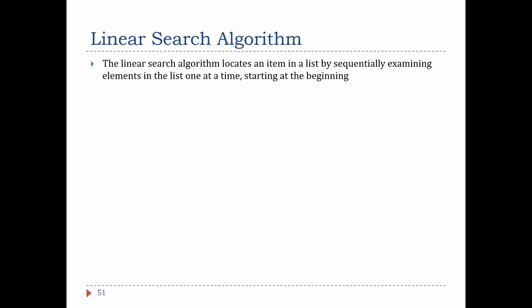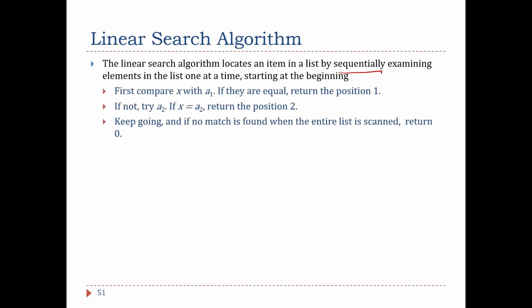So let's start with linear search. The linear search algorithm locates an item in the list by sequentially examining elements in the list one at a time, starting from the beginning of the array. So it first compares X with A1. If they are equal, it returns the position 1. If not, then we check if it's equal to A2.